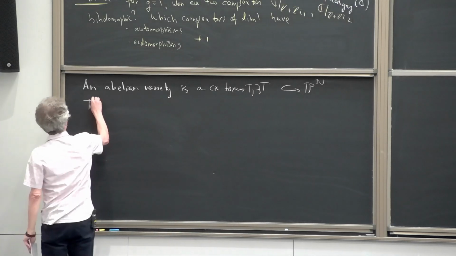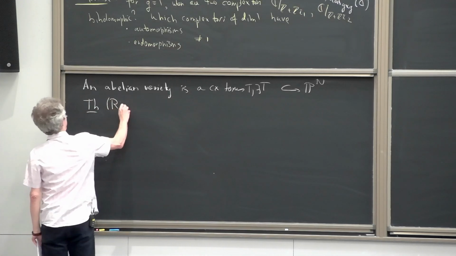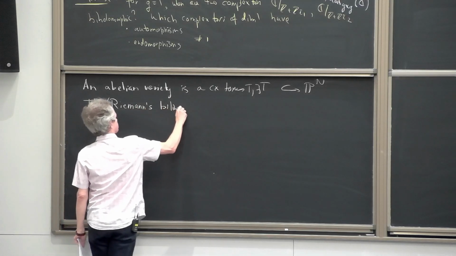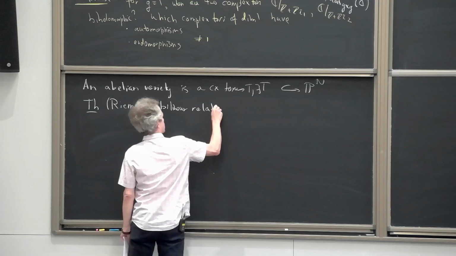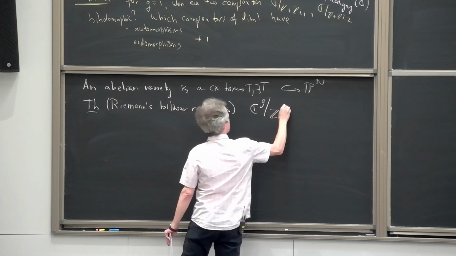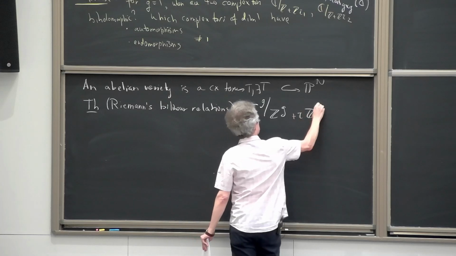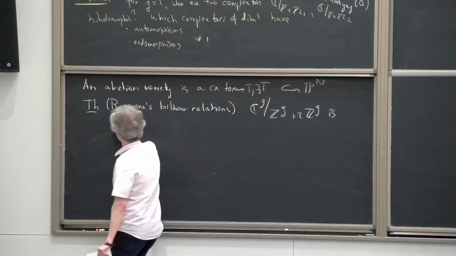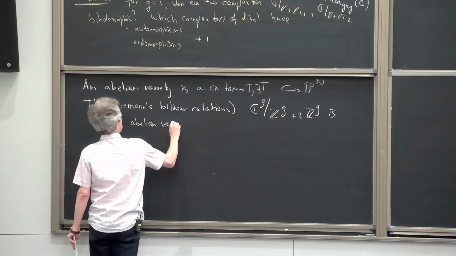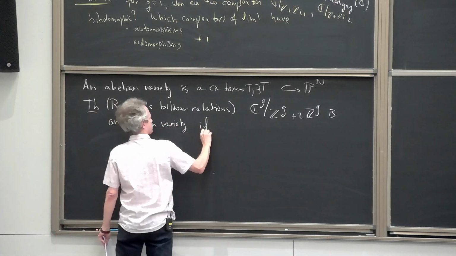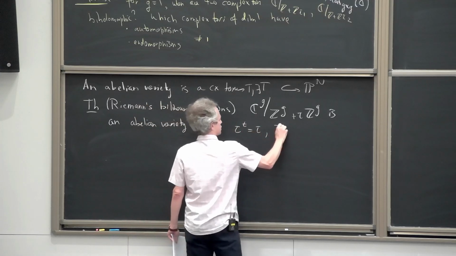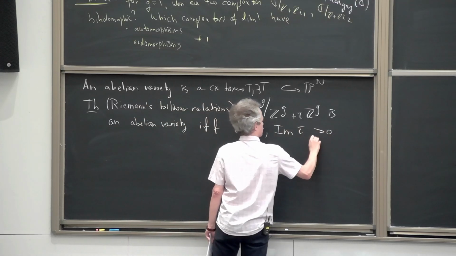And there is a theorem, which is Riemann's bilinear relations, which says that a quotient, as described above, in this form, is an abelian variety if and only if tau is symmetric and the imaginary part of tau is positive definite.